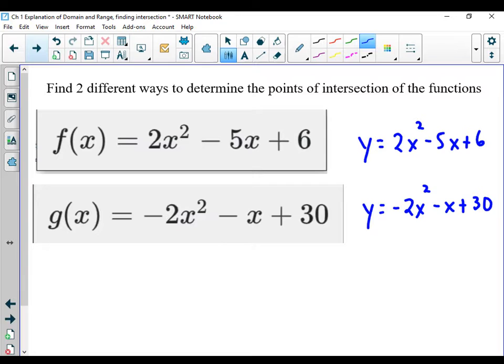Here's what I'd like you to try to do. I'd like you to try to come up with two different ways to determine the points of intersection. Okay? Again, I want you to come up with two ways that you could do that. I want you to go ahead and actually execute both of those ways. And if you've done it correctly, you should get the same answer in both cases.